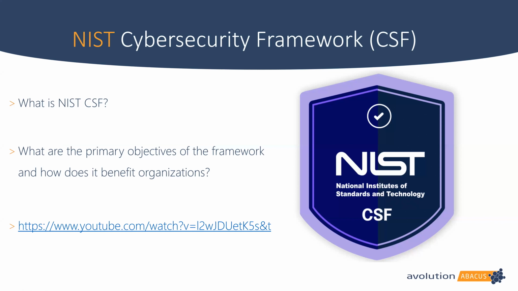Really, the primary objective of NIST is to provide organizations with a structured set of guidance, standards, and best practices that empowers them to better understand, manage, and mitigate cybersecurity risks. It also serves as a very good roadmap for organizations to assess and strengthen their cybersecurity capabilities.